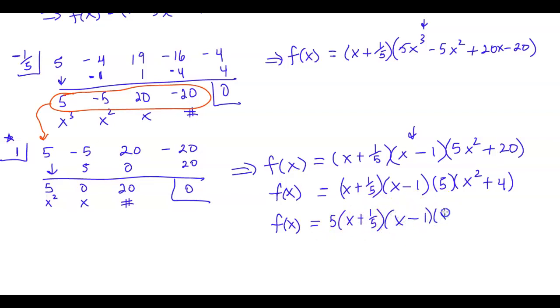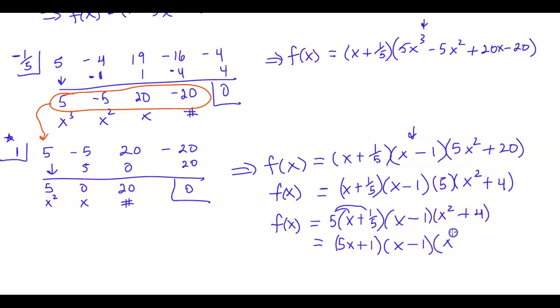And then just rewrite everything else as normal. So if I distribute my 5 to this first factor, what I end up with is 5x plus 1 times x minus 1.